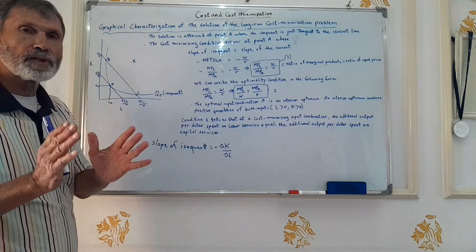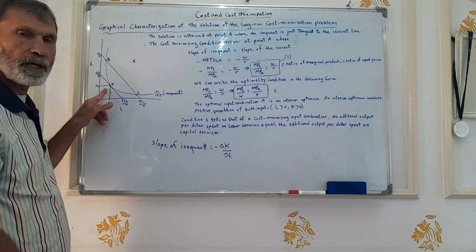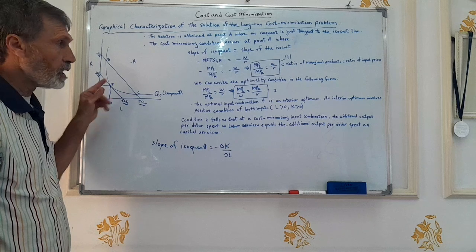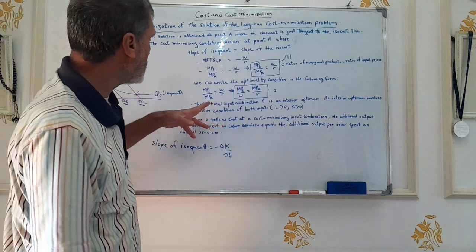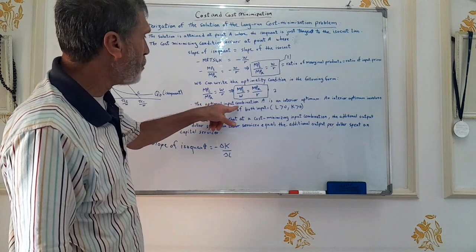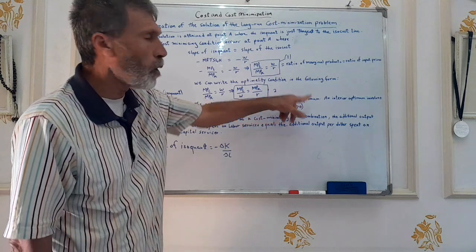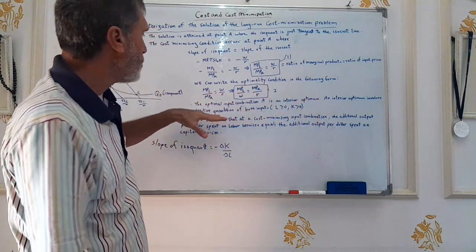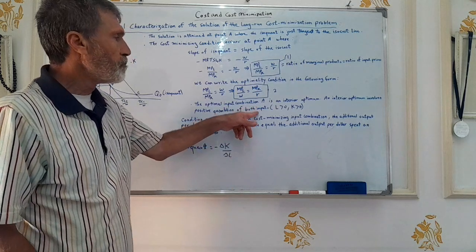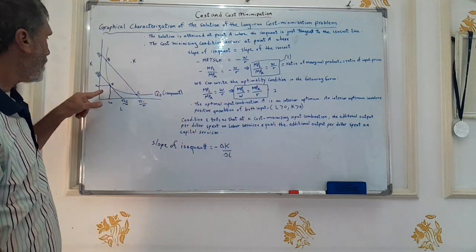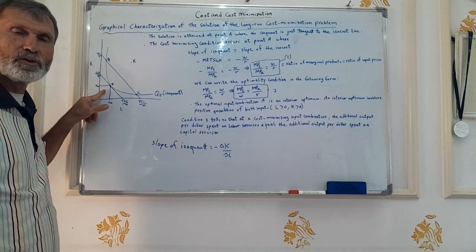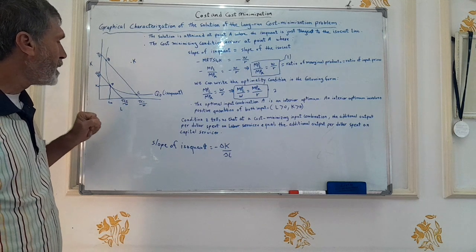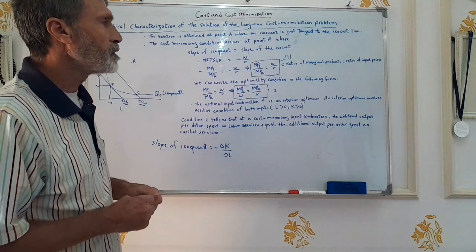So the only optimal point is at point A, where the slope of the isoquant is equal to the slope of the isocost. The optimal input combination at A is an interior optimum. What does that mean? An interior optimum involves positive quantities of both inputs. That means at point A, we use positive levels of labor and positive levels of capital, and that's called an interior optimum.